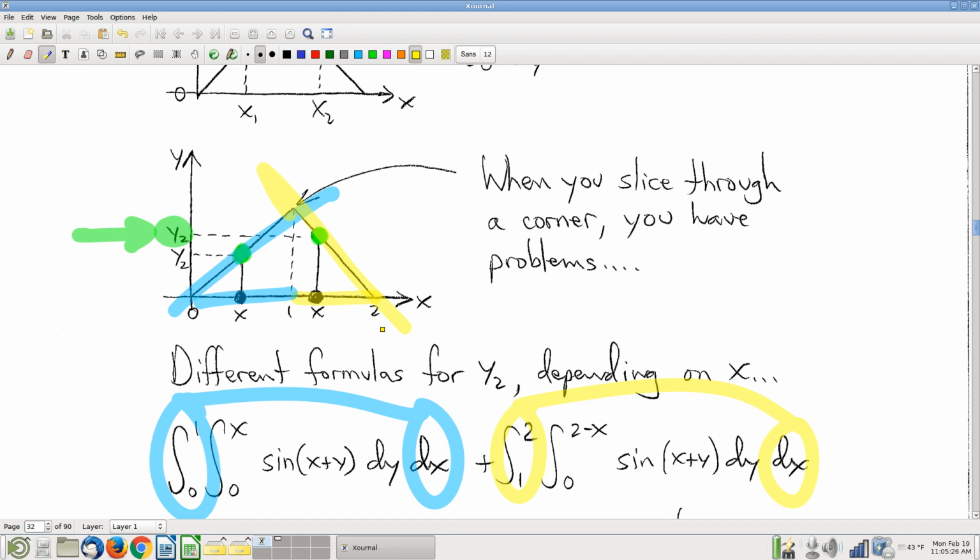So the reason why is when you have a corner, that means whatever integral you were working on, you're going to have to stop that one and start a whole new one for the remainder of your duration. But if you're already done, I was done anyway, so it doesn't matter. So will that not actually work at all? I'm not sure what you're asking. Because if you're right in the middle, the upper bound on one of those is 1, and the lower bound on the other one is also 1.